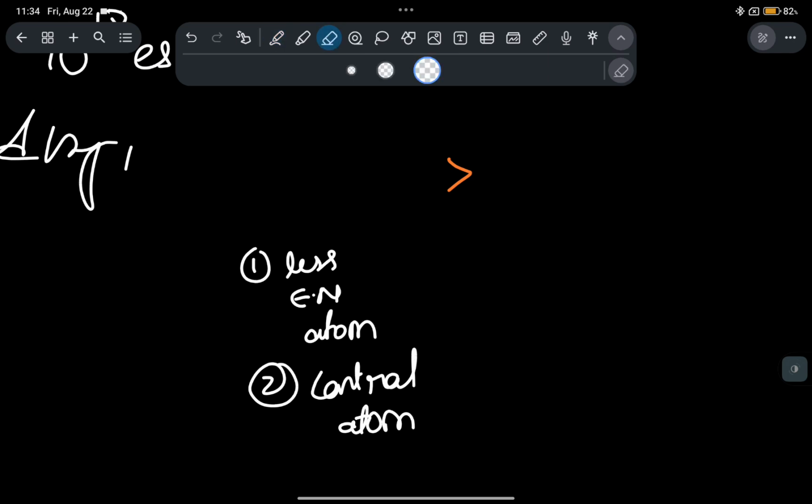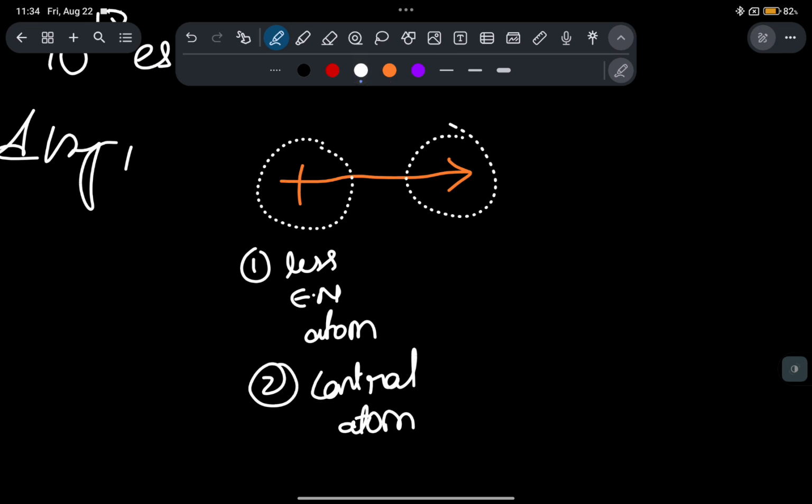Before that, I'll draw it with dots so they can understand. The arrow side means the more electronegative atom, and the plus shows the less electronegative atom.